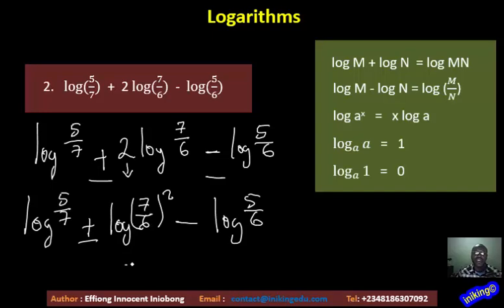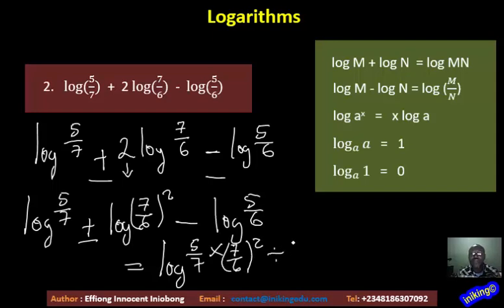So I'll simply say this is equal to the logarithm of 5 over 7. The plus means I'm going to multiply by 7 over 6 squared. We can write this as 49 over 36. And then divided by 5 over 6.